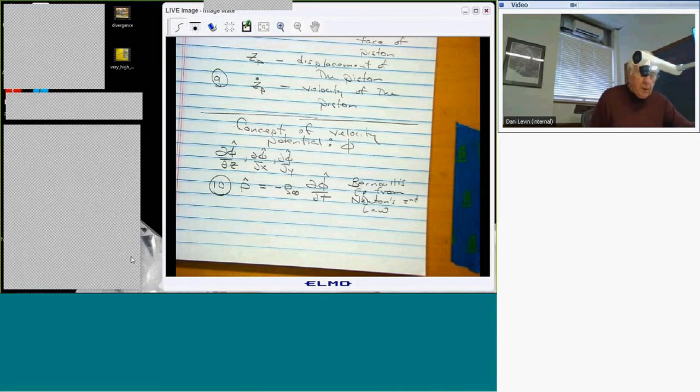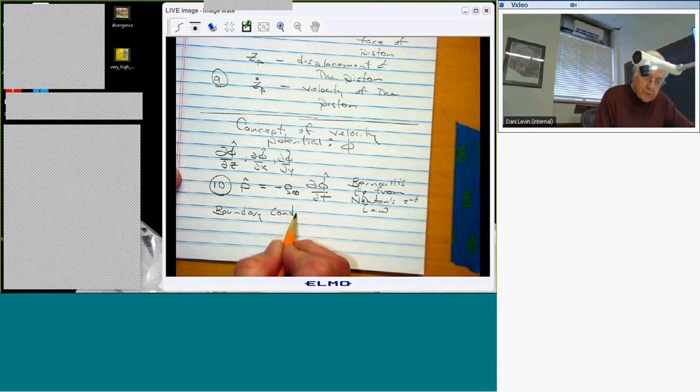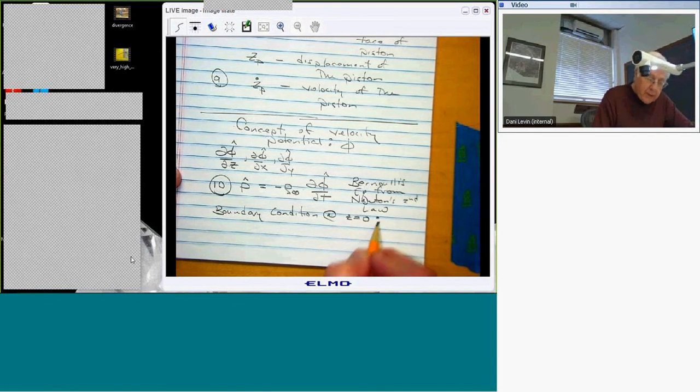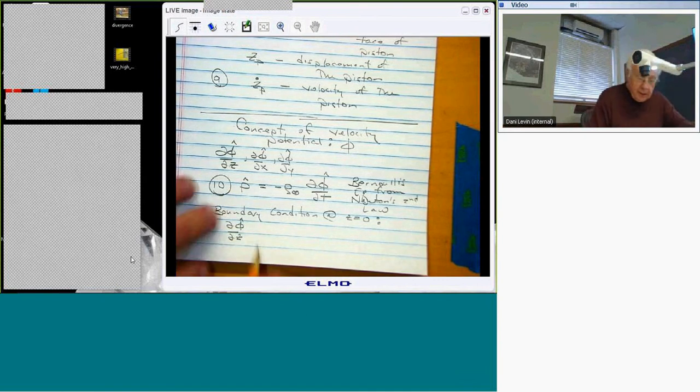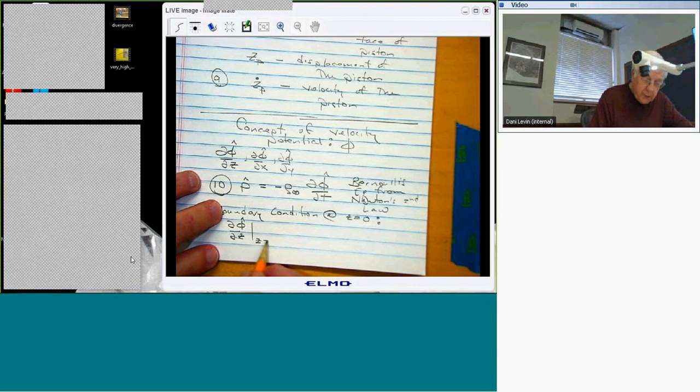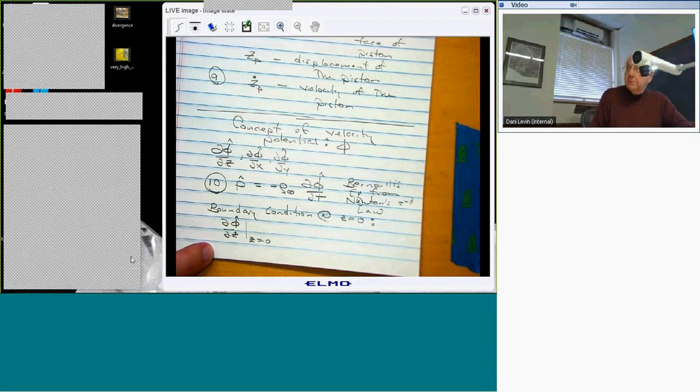With all of this together, then the boundary condition at z equals 0 is that the perturbation velocity in the z direction at z equals 0 must be equal to Z P dot, right?